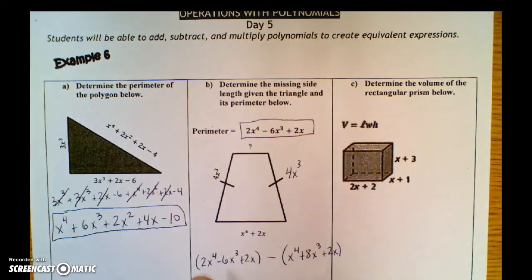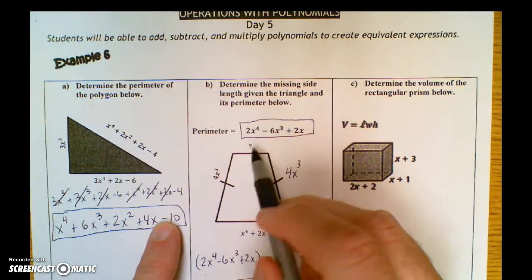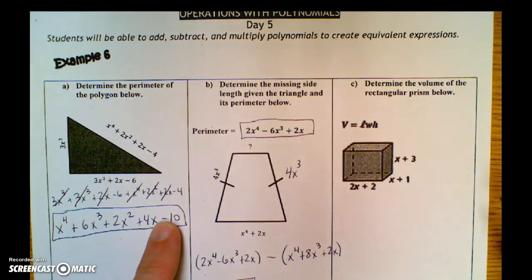So we're subtracting, so I'm taking 2x to the fourth minus x to the fourth, so that gives me 1x to the fourth. Negative 6x to the third minus 8x to the third is negative 14x to the third. And 2x minus 2x is 0. So that's the length of the missing side. That would go right there.